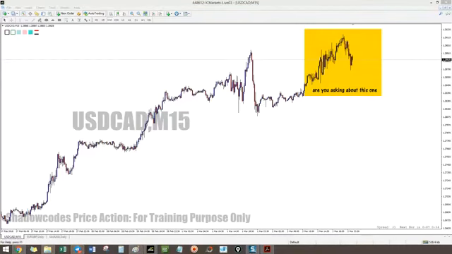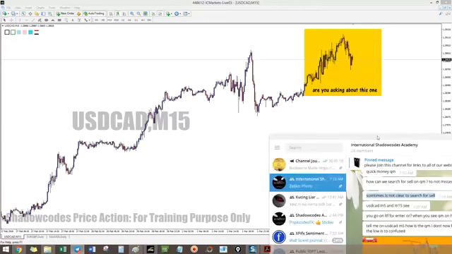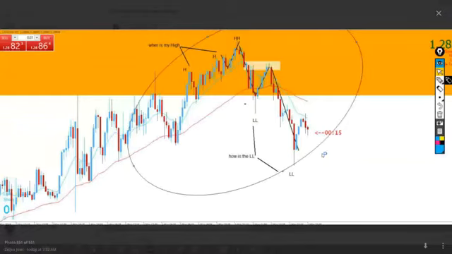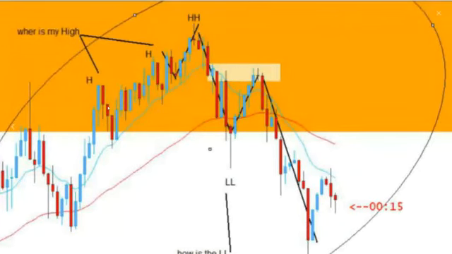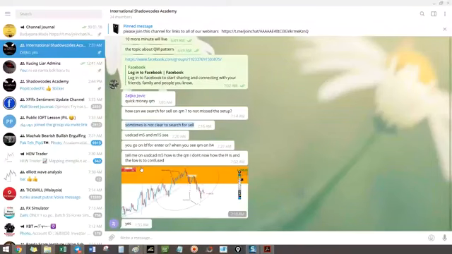This one, let me see. USD CAD, this one. No. Where is my high? We do not use this one. Okay, this is really a terrible one.